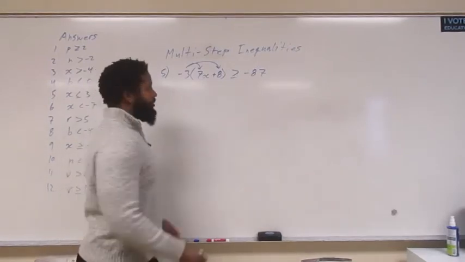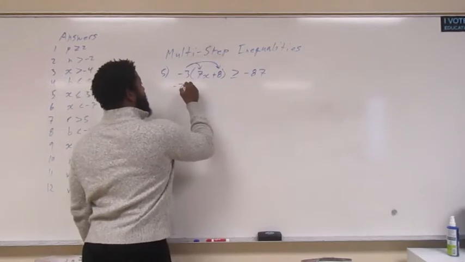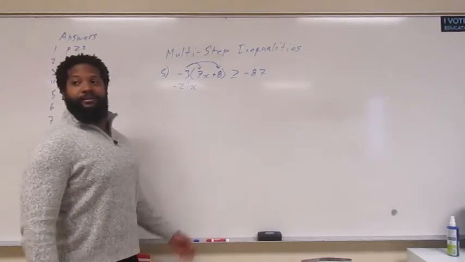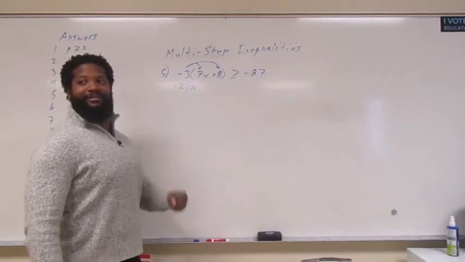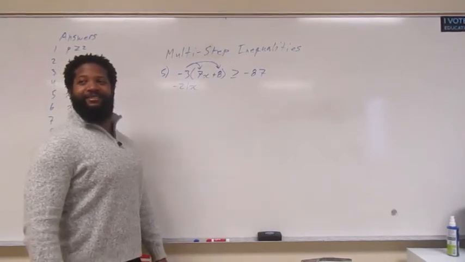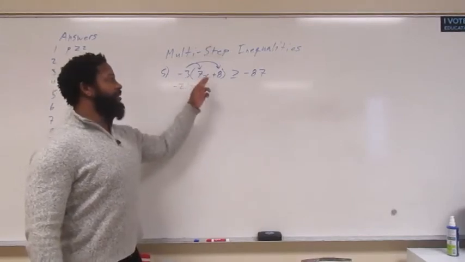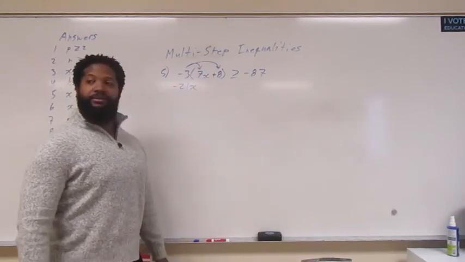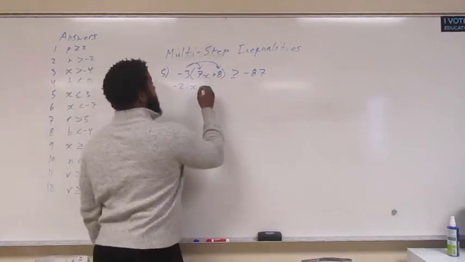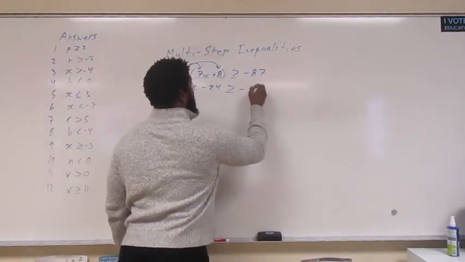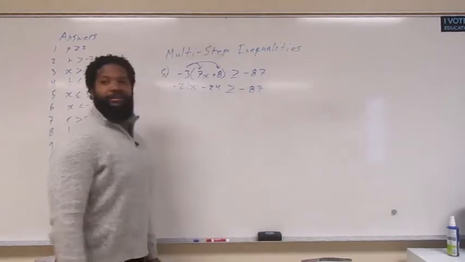Negative 21x. Thank you. Uh-huh. 8 so I want to say 24. Good job. And then plus, what's a negative multiplied by a positive? Negative 24. Thank you. It's greater than or equal to a negative 87. Okay? That's it.